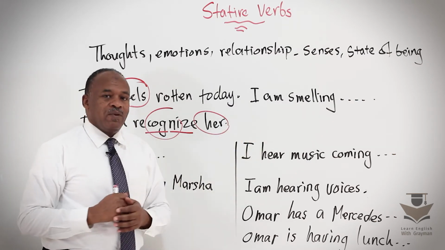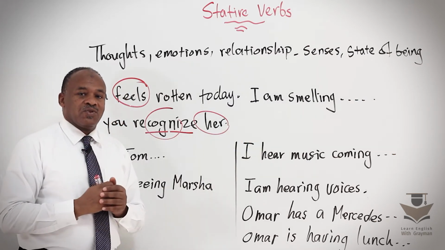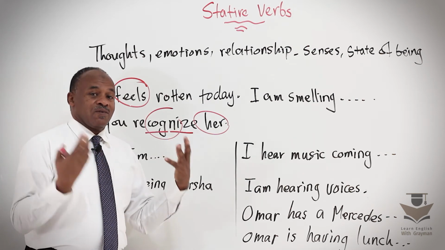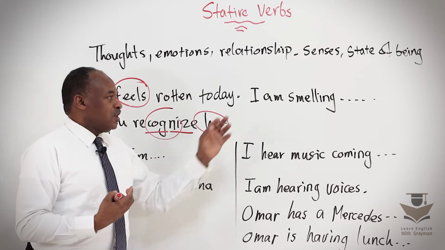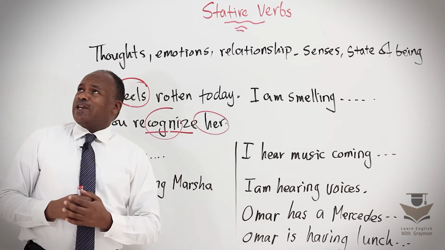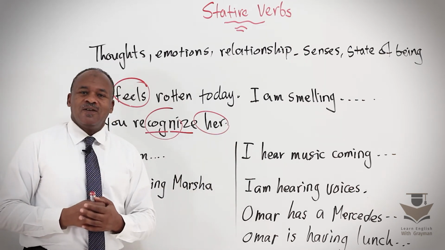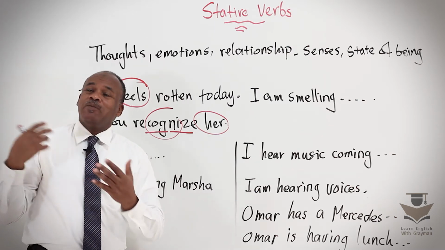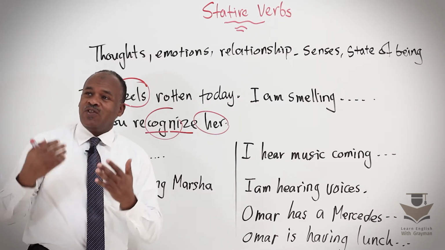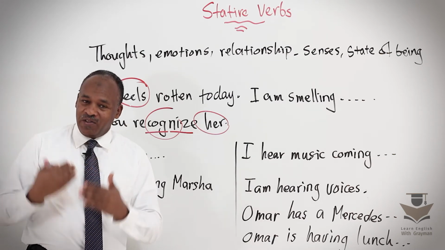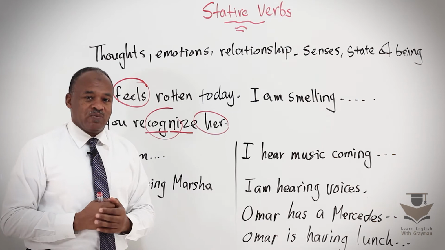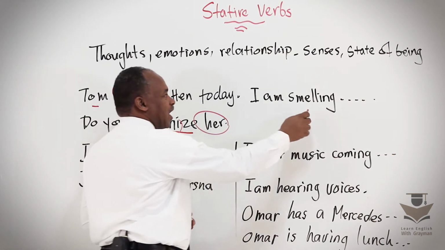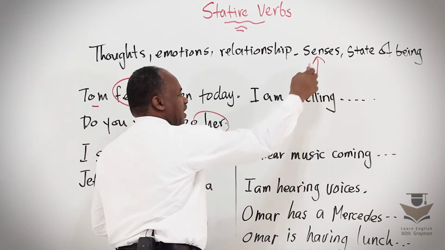If, for example, you walk by a restaurant that cooks nice cuisines or food, you don't say, I am smelling nice food here. Even though it is happening now, at the moment, you would say, I smell, not I'm smelling. The word smell is one of the five senses.